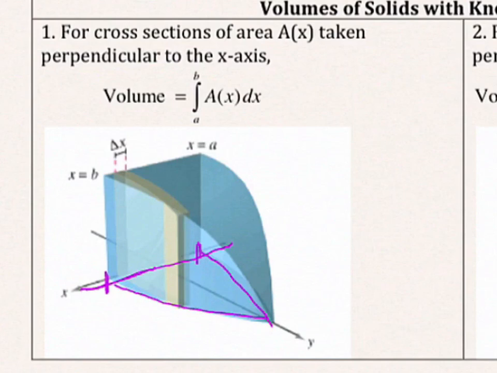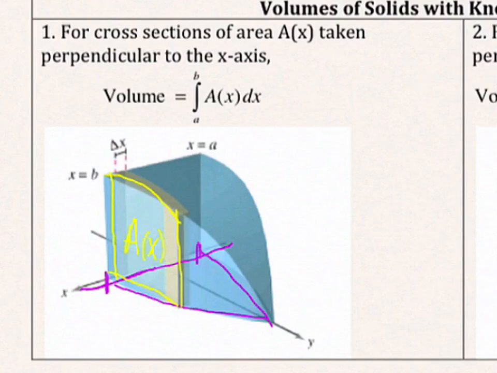And then our cross sections are going to be this shape right here. Okay, and this is where you find your A(x). So it's the area of that cross section, and this is going to be a formula. So you have to know the formula of that cross section.